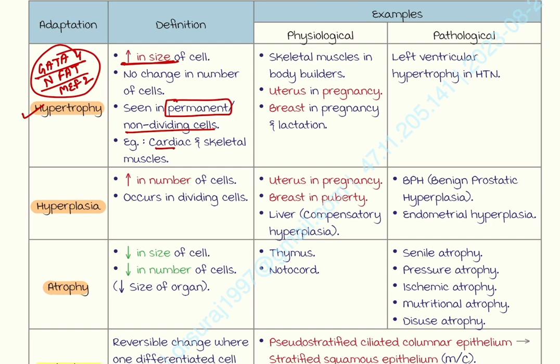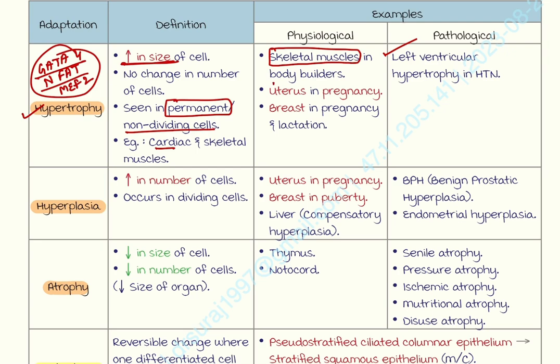Like cardiac muscles and skeletal muscles, they cannot divide by themselves. So whenever there is an insult, they will increase in size. Chronic hypertension can lead to left ventricular hypertrophy, that is a pathological example of hypertrophy. In bodybuilders you will see the skeletal muscles getting hypertrophied, that is an example of physiological hypertrophy.